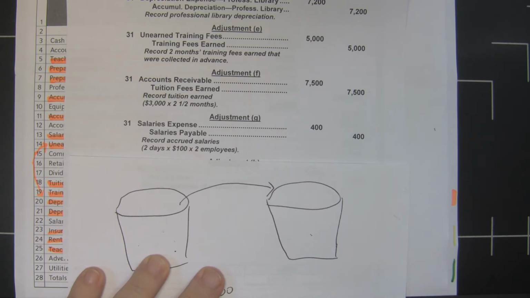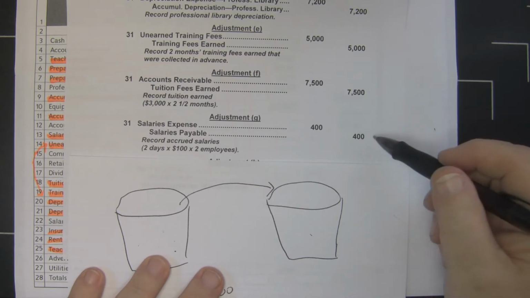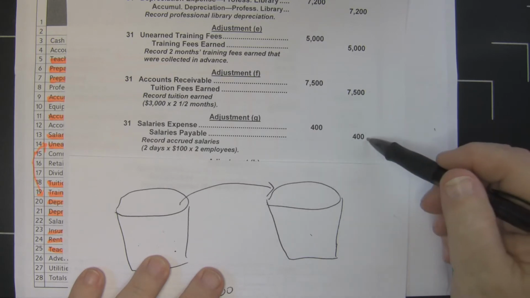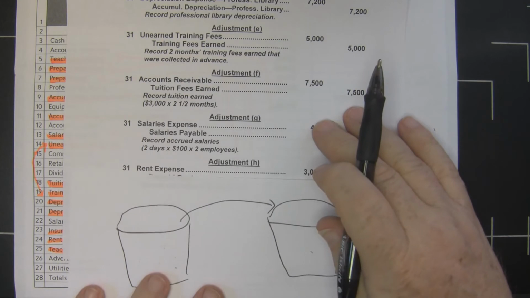So you'll have 2 days of salary from last year, and you'll have 3 days from this year. That's the case here. We have 2 days. We have 2 employees. They earn $100 a day. We're creating the payable. So we're debiting salaries expense, crediting salaries payable.